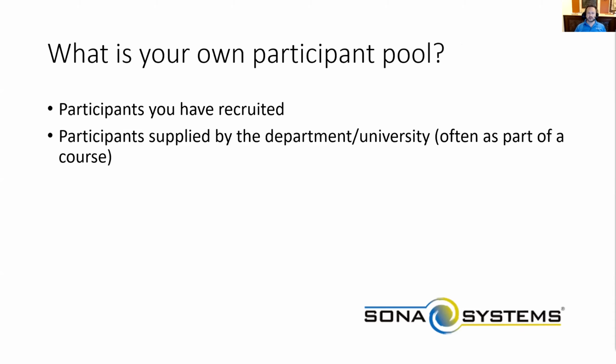In terms of what is your own participant pool, it's essentially you've developed the pool. So instead of going to a service or a panel which is providing participants, you're getting your own participants. A common scenario is they might be provided by the university. So it could be typically students who are completing studies as part of a course or for course credit.